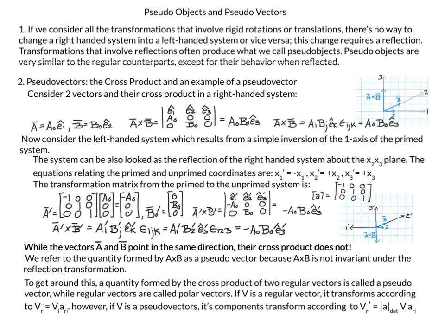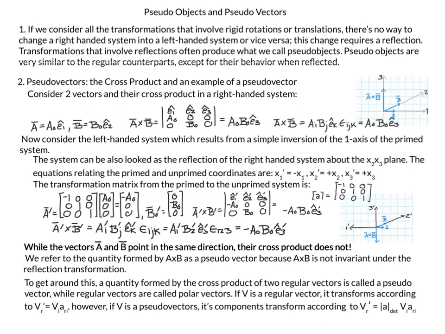So now, if we take our original A vector that we had in the right-handed system, and we transform it with this matrix, we'll get that our original A is now negative A naught, 0, 0. We transform our original B from our right-handed system, and we get the same B vector.